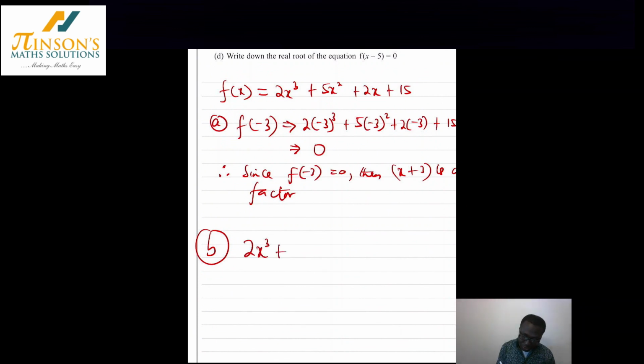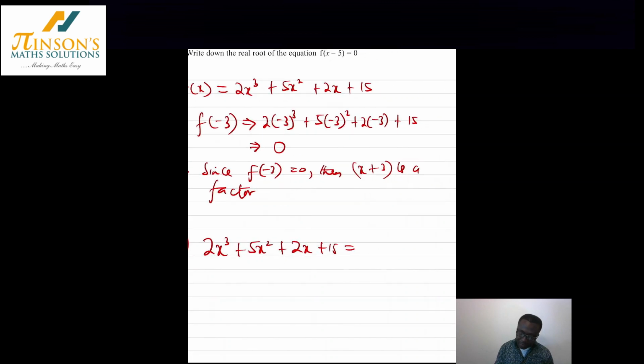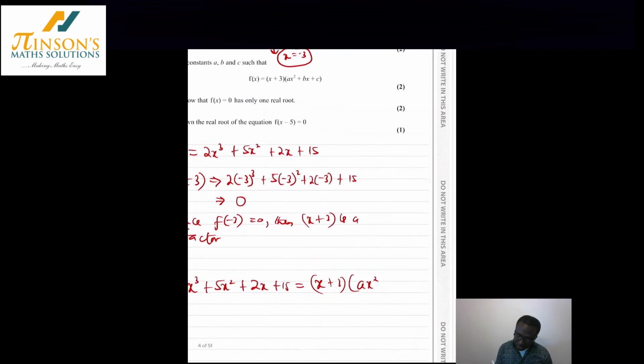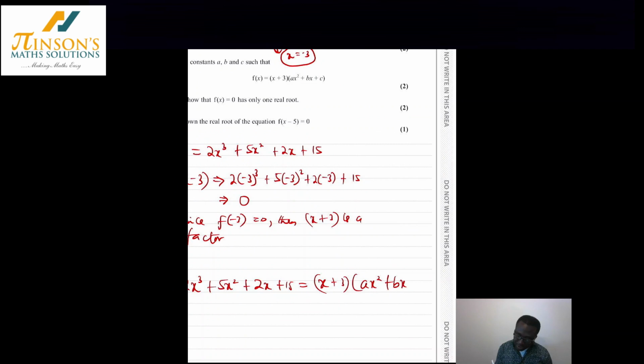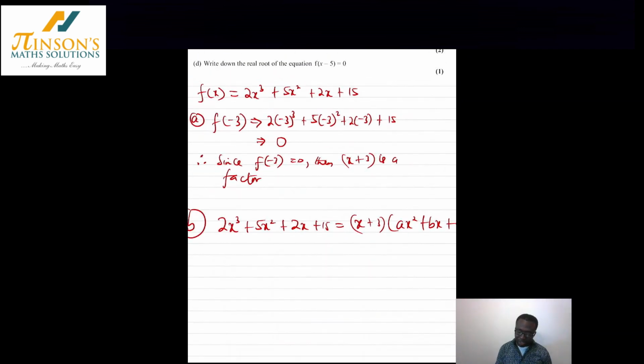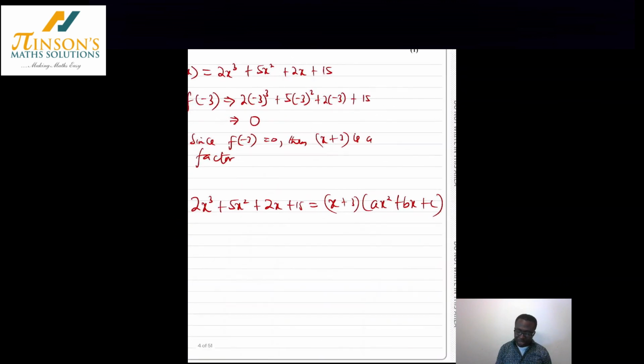So 2x cubed add 5x squared add 2x add 15 is the same, written as x add 3 and then ax squared add bx add c.